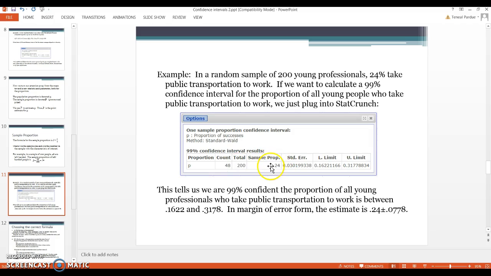So 0.24 plus or minus the margin of error, which we get the same way we did before, by doing the upper limit minus the point estimate. All right, so we'll continue this in part 2.